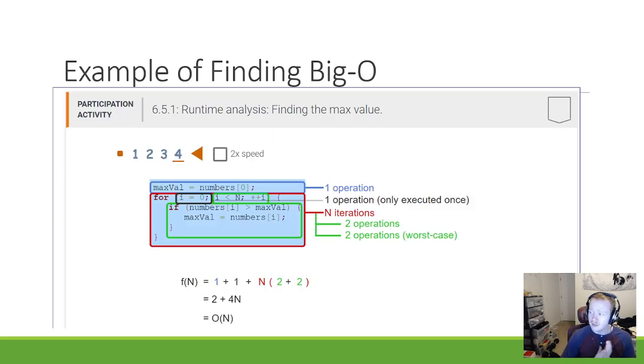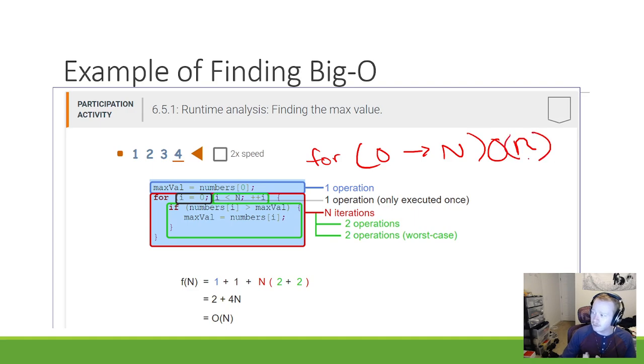If you do want to find big O of just random code, the most important part to look for are for loops. So if you can see under all of these different boxes, we are looping from 0 to n in this for loop, which means we'll touch every number at least once. So since we run this for loop once, we're going to have a big O of n.